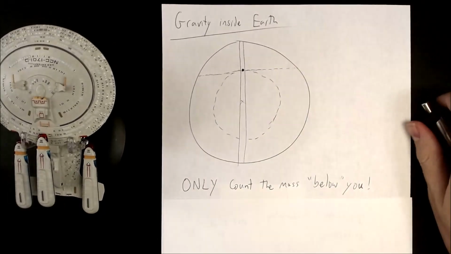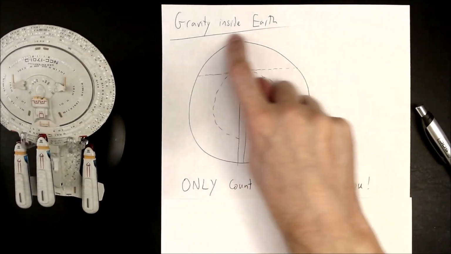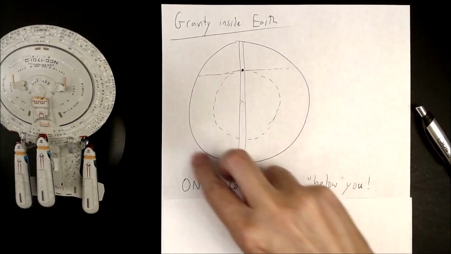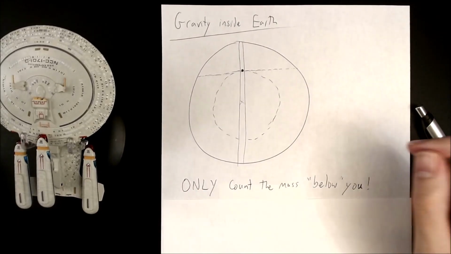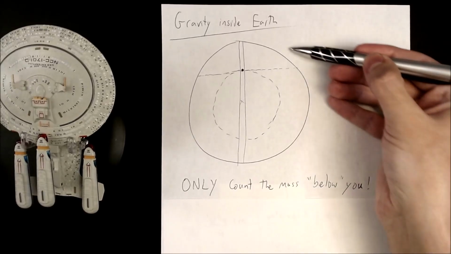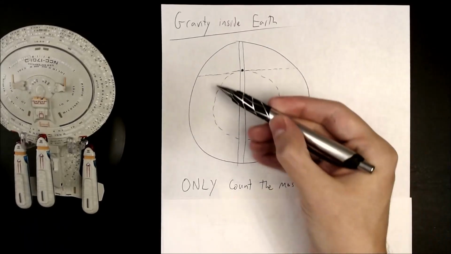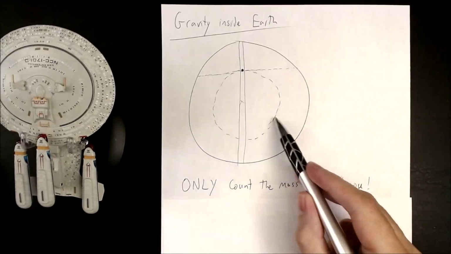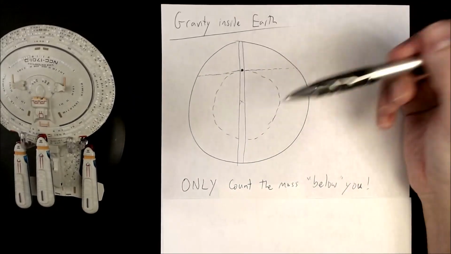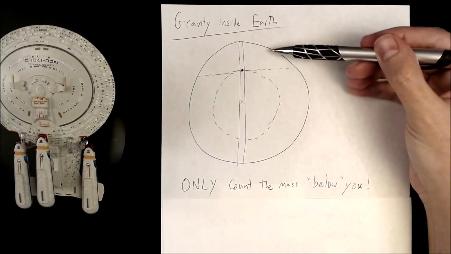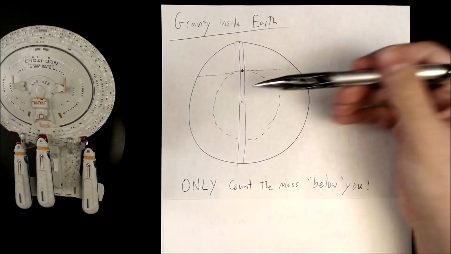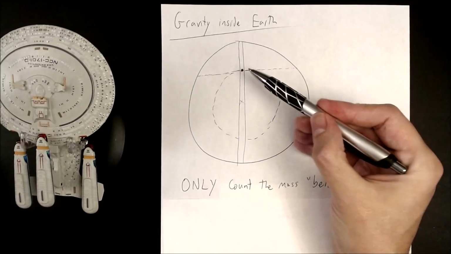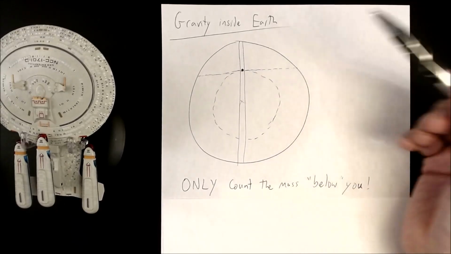So we've got our mass up here, and we've got our mass around here. If you calculate the gravity from this chunk of the Earth and the gravity from this chunk of the Earth, excluding this part, you'd find that the gravity of this part above is exactly equal to the gravity of this part on the other side when viewed from that point.